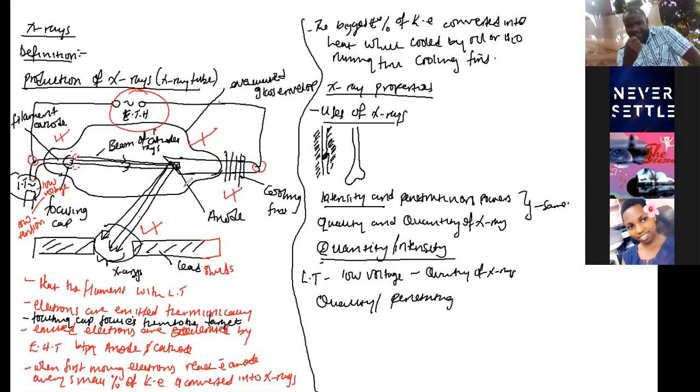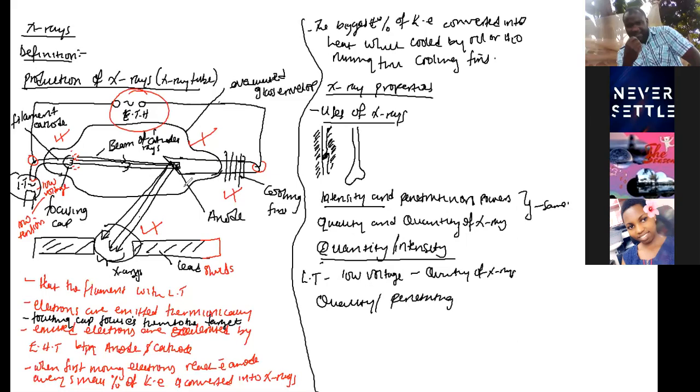Now, it is from here that we end. That's why sometimes this question is in three forms. One, intensity and penetration power. Two, quality and intensity, quantity. Three, they can bring it in the form of soft X-rays and hard X-rays. Explain how soft and hard X-rays are produced.